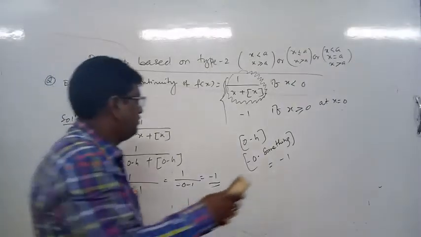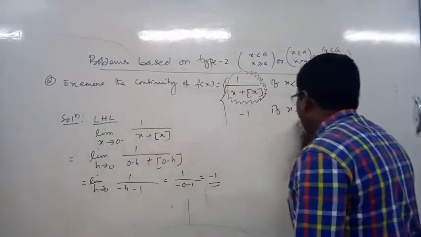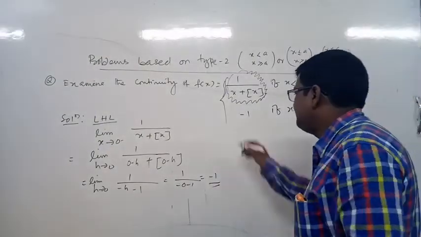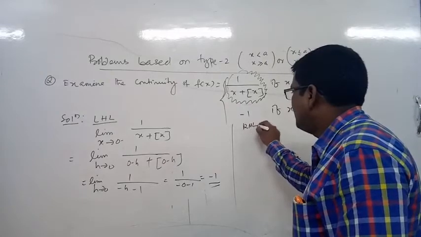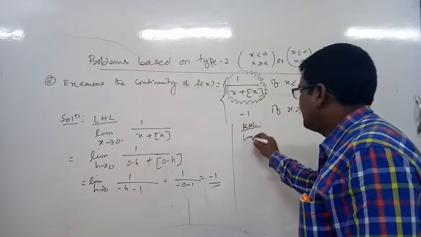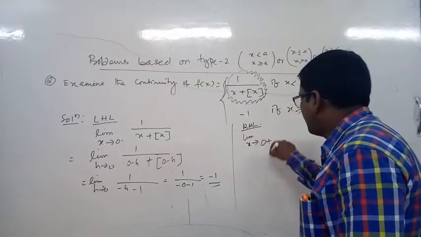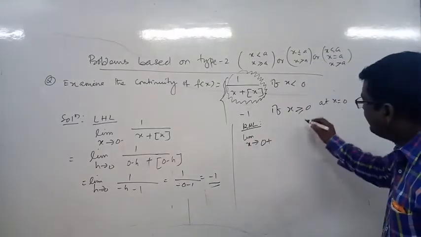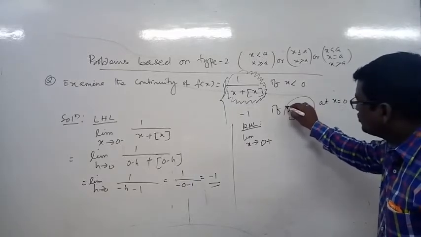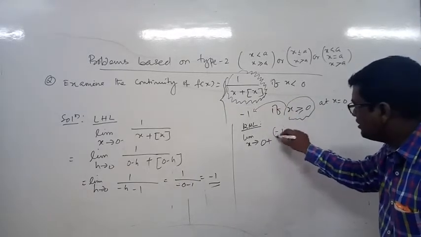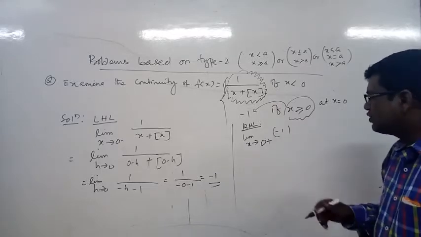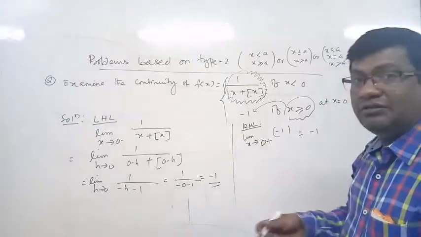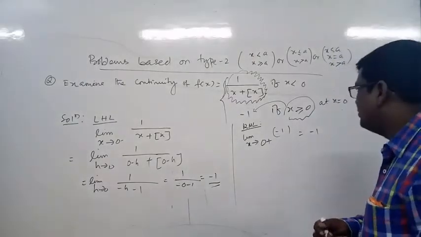Now for the right hand side limit, RHL: limit x tends to 0 plus, 0 plus means greater than 0. Here greater than 0 is present, so its corresponding value is what? Minus 1. Here x is not present, so the answer is minus 1. Again, how to find the functional value?